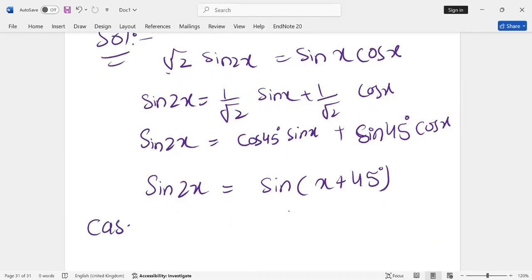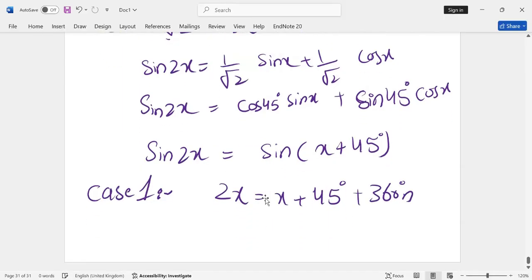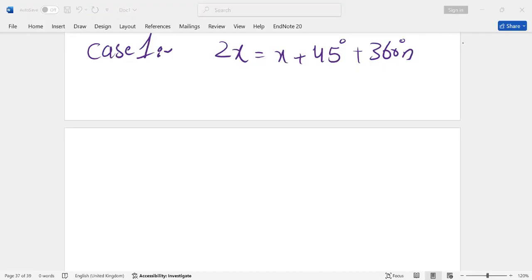For case 1, we say that 2x equals x plus 45 degrees plus 360 degrees n, all right? So we get x equals 45 degrees plus 360 degrees n.